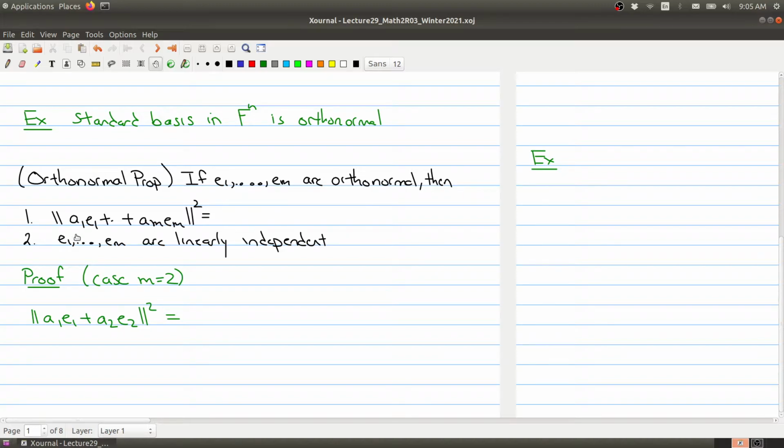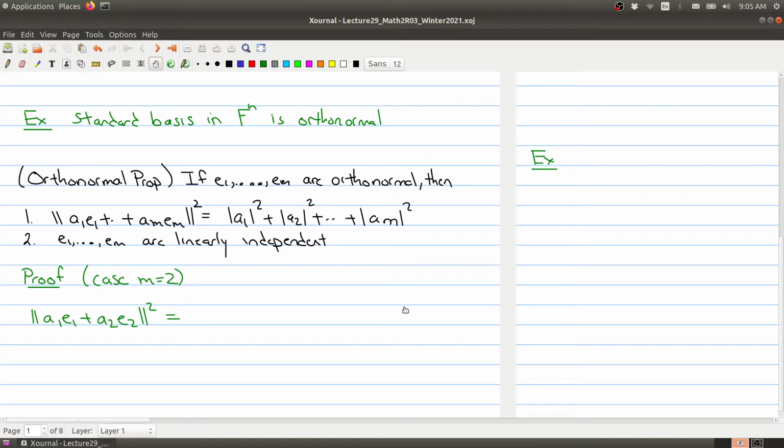The first: if you have a vector written as a linear combination of those orthonormal vectors, its norm is simply the square root of the absolute value of a1 squared plus the absolute value of a2 squared, all the way up to the absolute value of am squared. The other property is that orthonormal sets of vectors are linearly independent. Let me give you a proof of these facts.